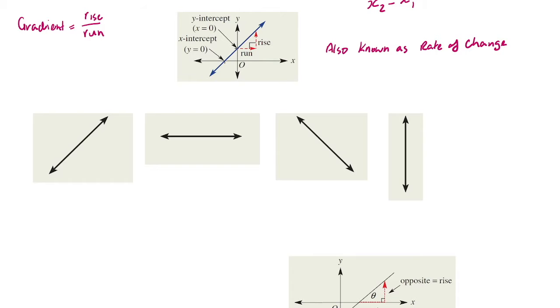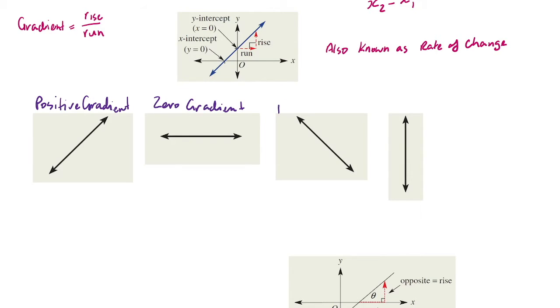We have what we call a positive gradient. So that's our positive gradient. It's going on an uphill trajectory, so it is going from left to right upwards. We have our zero gradient, which is simply just flat.